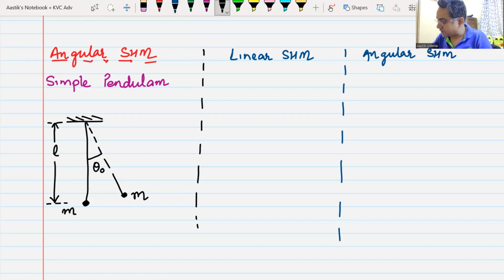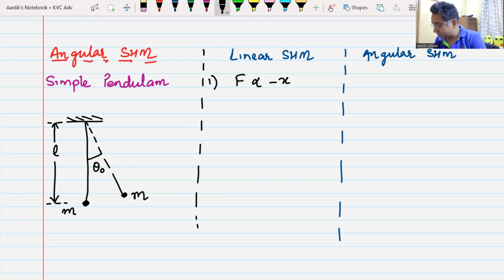First things first, in linear SHM, how did I start? I said the force must be proportional to minus x. For proving any SHM as a linear SHM, I had to prove that it has a force which is proportional to minus x, where x is the displacement from the mean position.